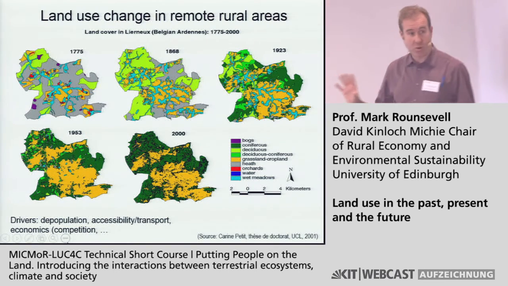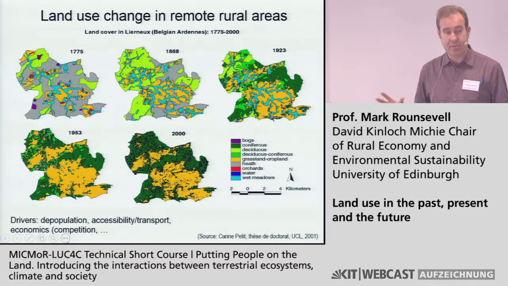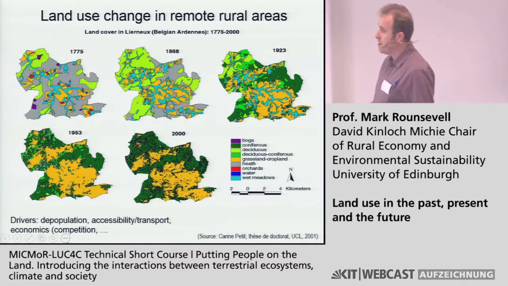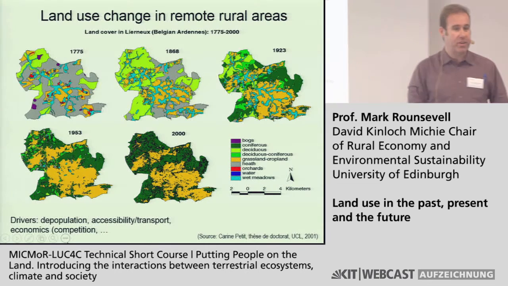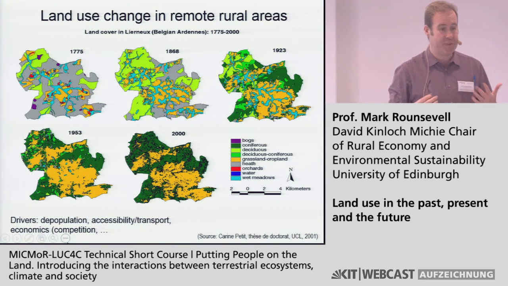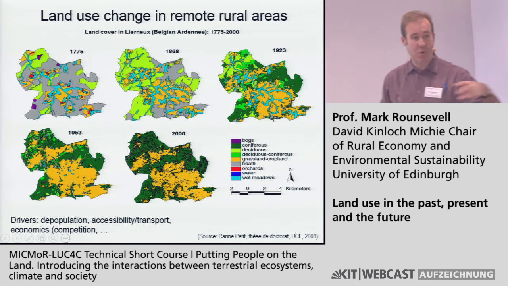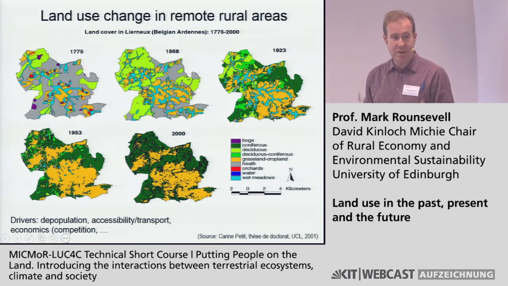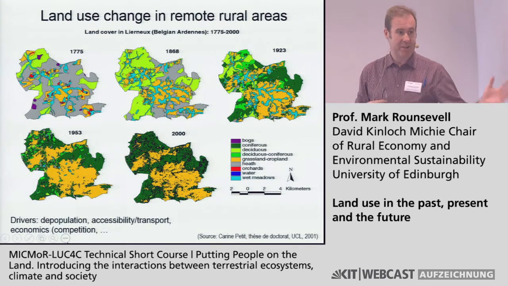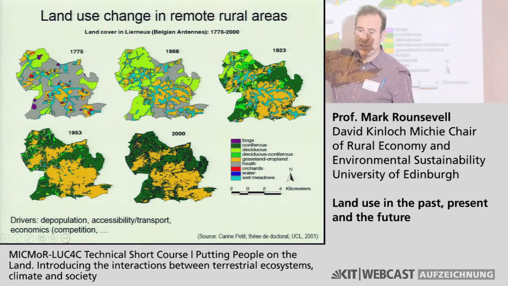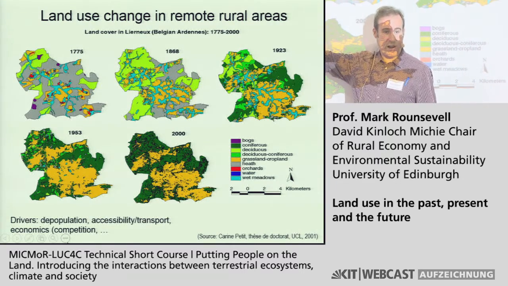What's going on here, and it's actually quite typical, you'd see something similar probably in these alpine-type landscapes, is that one of the biggest drivers here was the introduction of the railways, so improvements in transport. Because if you improve transport, actually you can import food which can be grown somewhere else. So you don't have to be so self-sufficient. So back in the 18th century, these communities would have been really quite isolated.